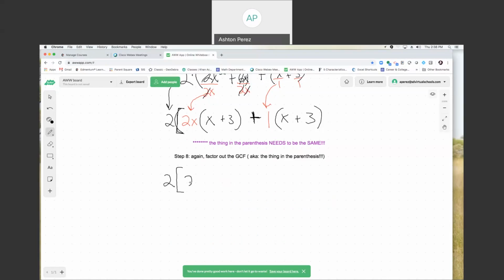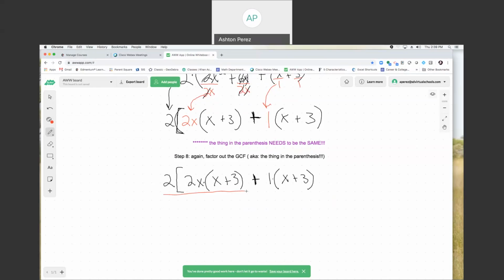That's still hanging around. My 2x times magic shields, x plus 3, plus 1 times x plus 3. Okay, so step 8, again, factor out the GCF, aka the thing in the parentheses.